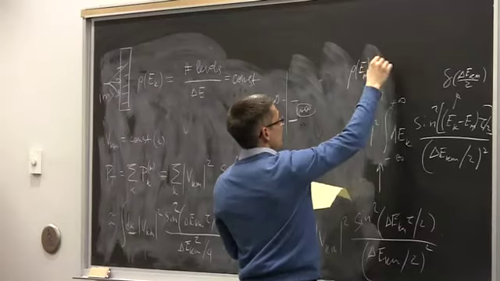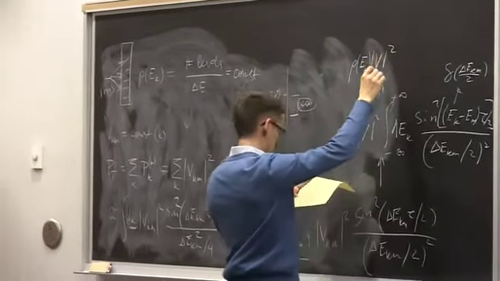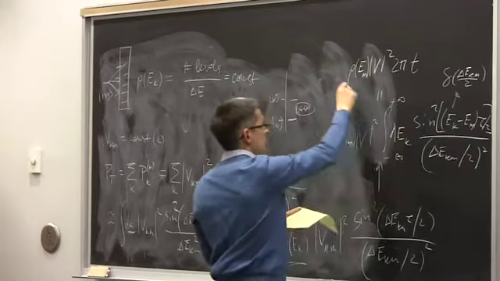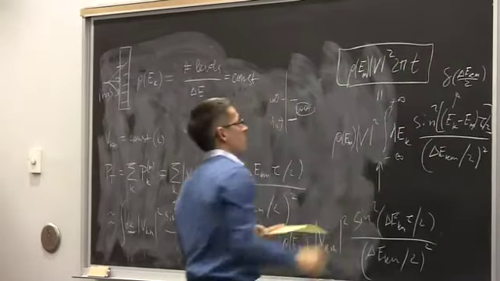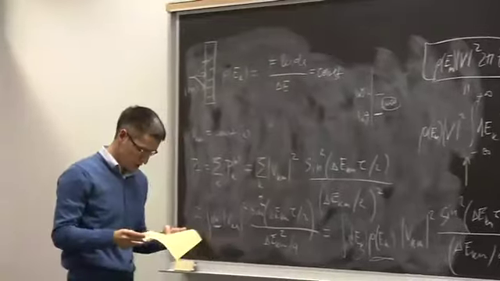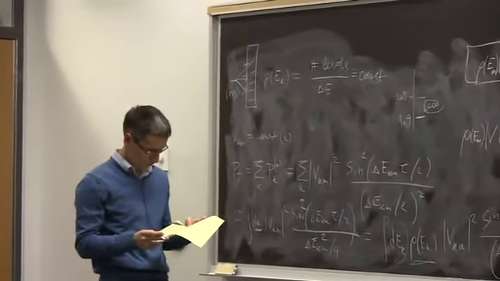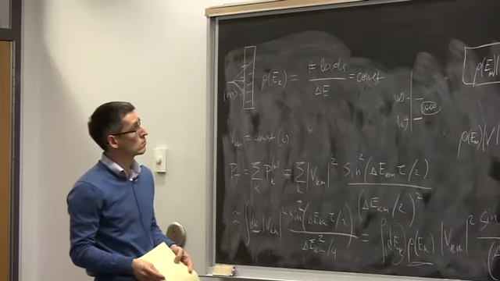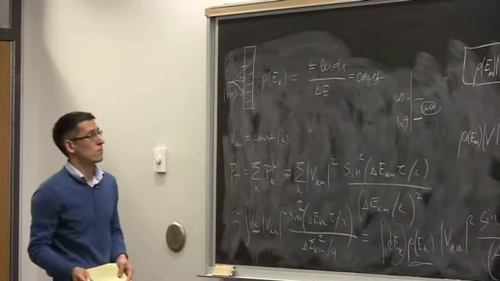Then there will be V squared, and it will be 2 pi t. So that's the population growth that we get in this problem.